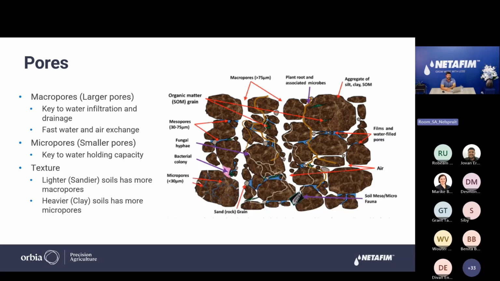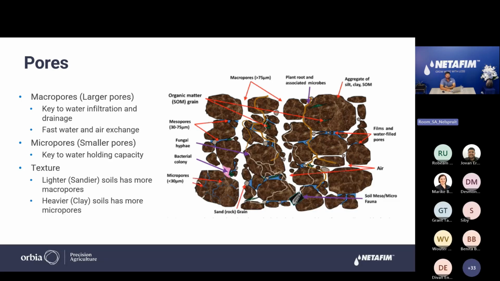So the amount and the size of your pores is greatly dependent on the texture of your soil. Lighter soils or sandier soils, loamy soils, tend to have more macropores because of the large sizes of these sand particles. They can't pack together as neatly and tightly as the clay particles, and then your heavier clay soils have more micropores.